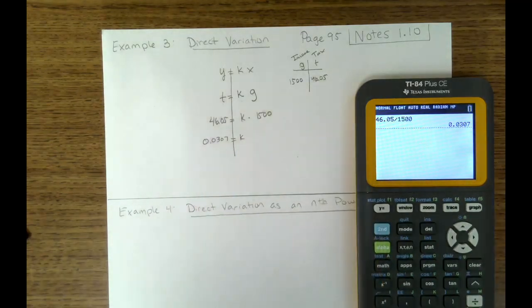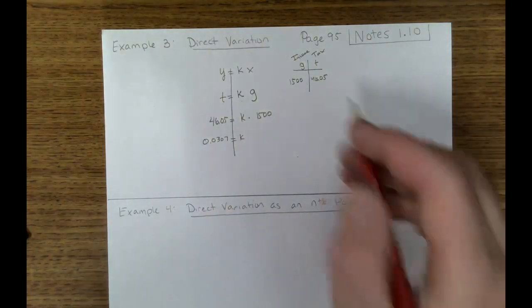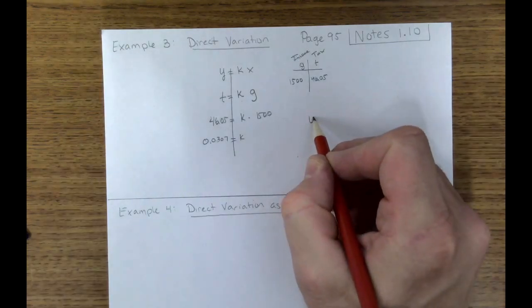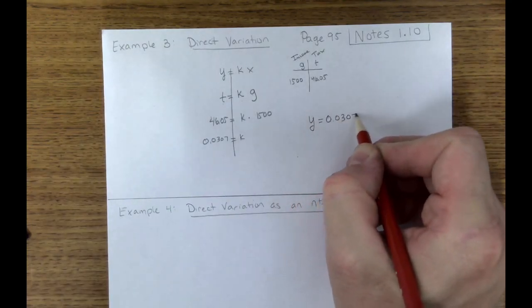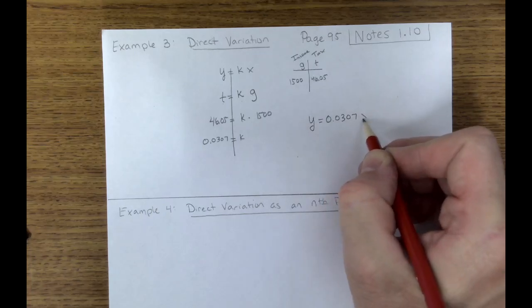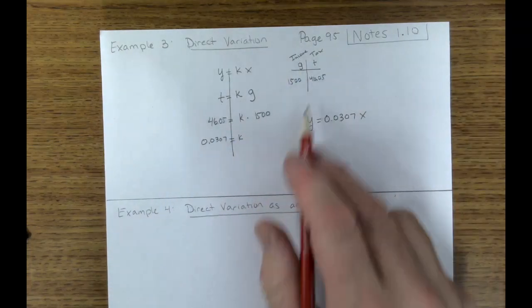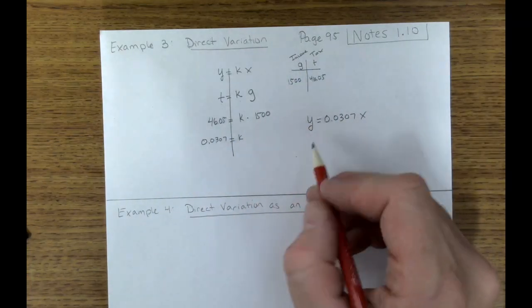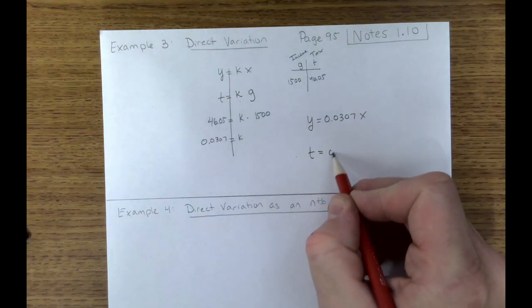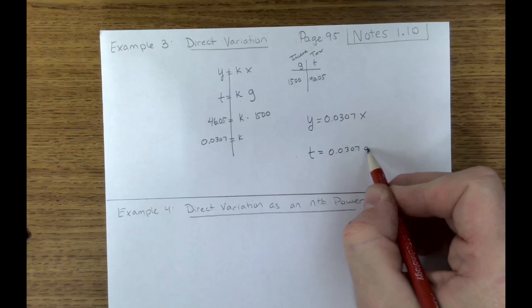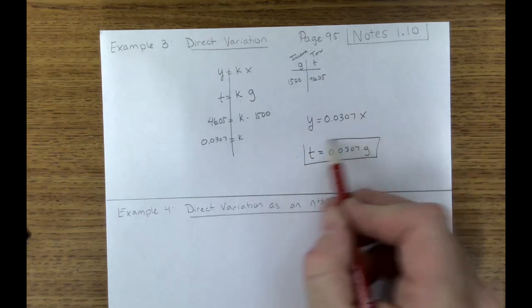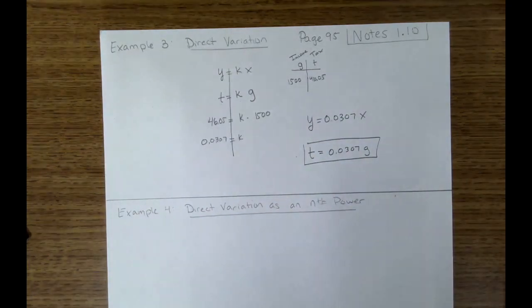K is a rate if you want to think of it that way. So the answer to this problem is y is equal to 0.0307 x, or better yet, let's use these letters up here. The tax that you're going to pay is equal to 0.0307 times the income that you make, your gross income.